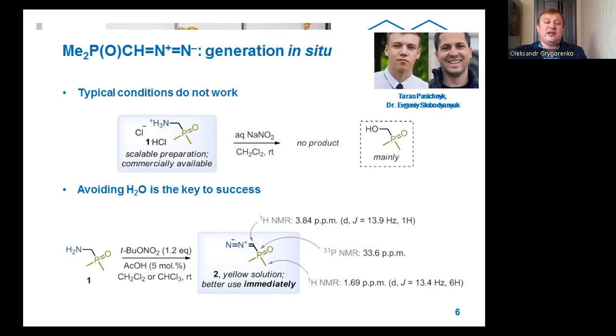And indeed, when we switched to tert-butyl nitrite in the presence of a catalytic amount of acetic acid, compound 2 was obtained in solution, and we managed to characterize it with NMR spectroscopy. Unfortunately, this solution is quite unstable and decomposes significantly upon keeping overnight, even in a refrigerator. Therefore, it should be used immediately in further transformations.